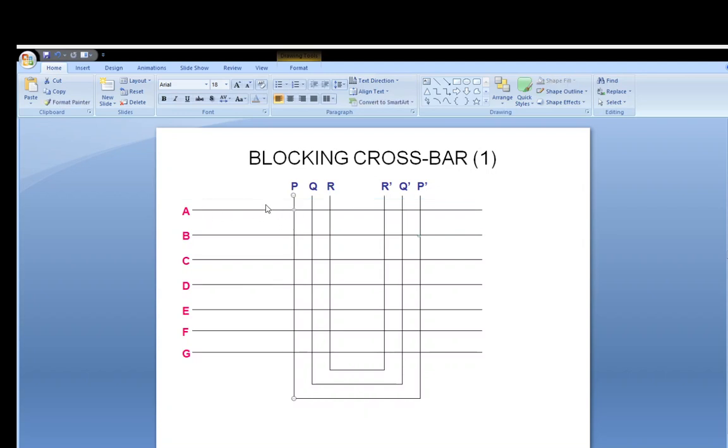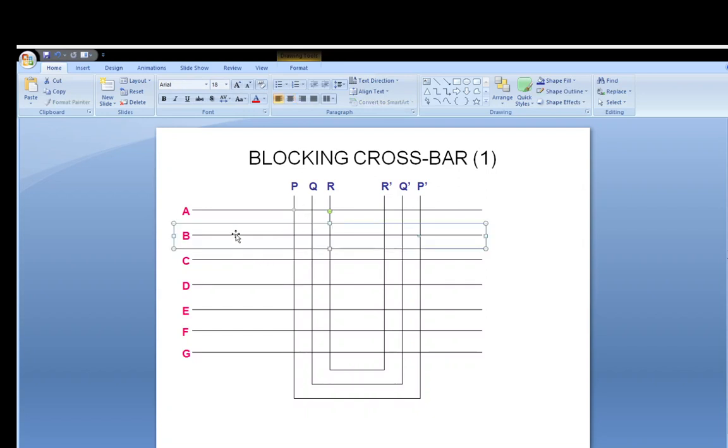So there will be a connection between A and P. Sorry, initially A is to be energized and then line P is to be energized. So there will be a connection between A and P at this point.